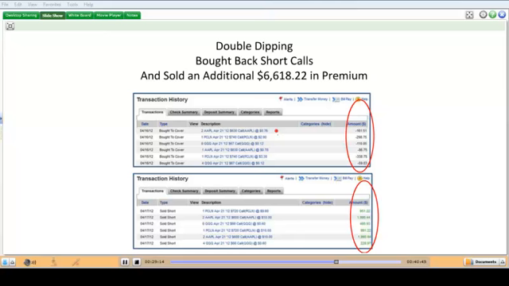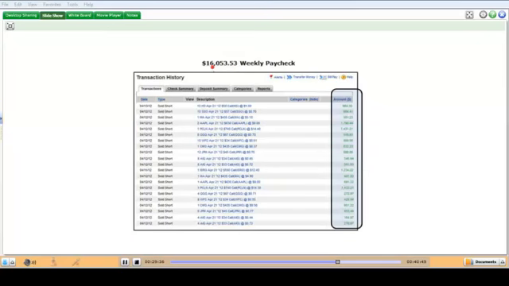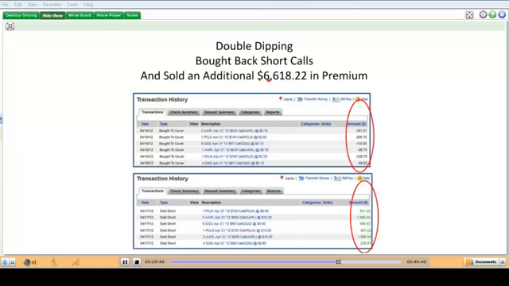But then I sold another premium for that week, and then I collected an additional $6,600. So I went from selling $16,000 to selling $22,000 in premium that week, because I closed out some of the short calls and then sold calls that expired in a couple days and received some additional premium.